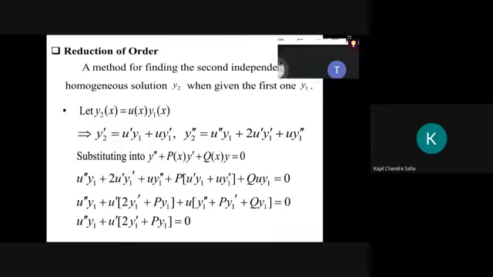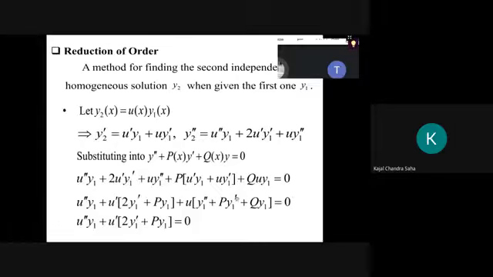So we put this value in, and we get u double prime y1 plus 2 u prime y1 prime plus u y1 double prime, plus p of x times the y2 prime value, which is u prime y1 plus u y1 prime, and plus q of x u y1 is equal to 0.